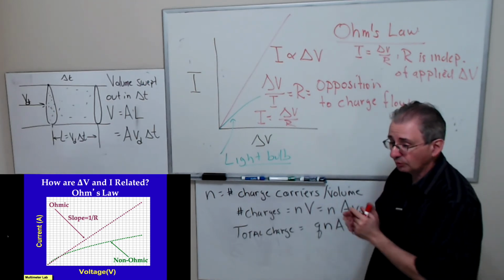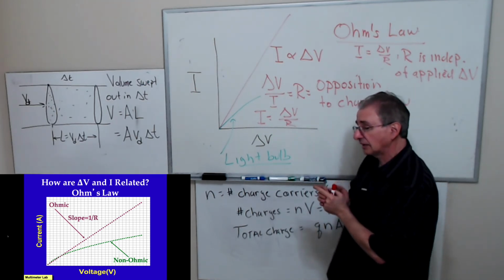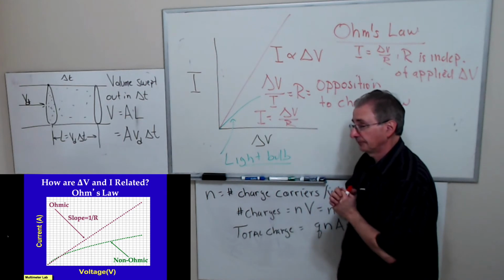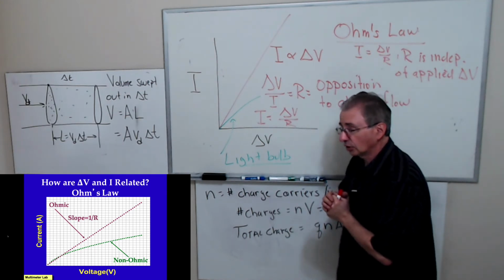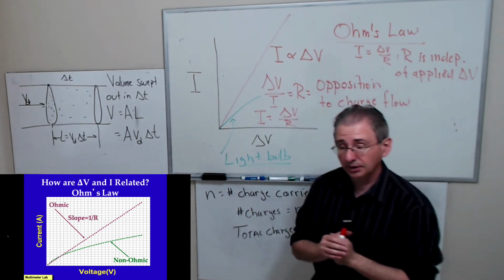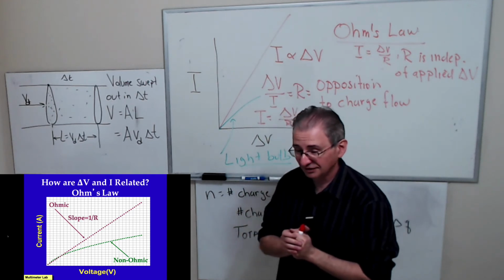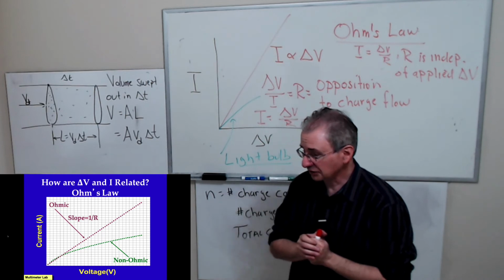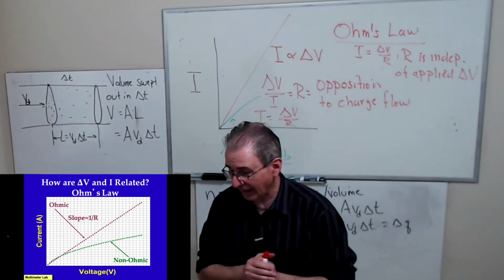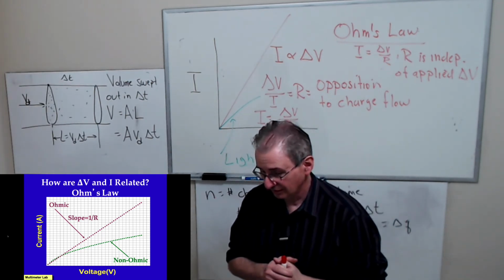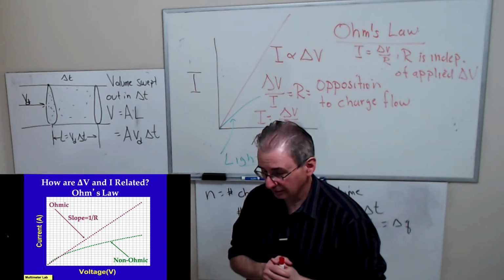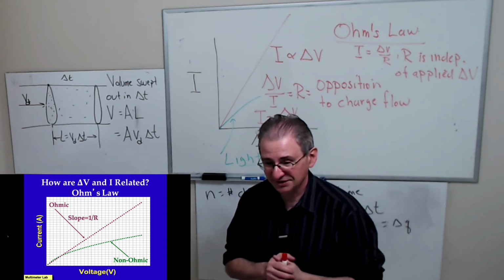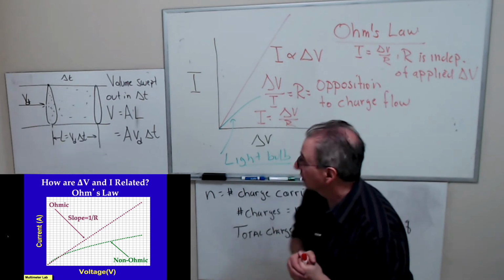Okay. Now, Ohm's law is kind of like Hooke's law, because Hooke's law doesn't always work, right? If you take a spring and you stretch it too much, what happens? You messed up the spring. It's not elastic anymore. Same thing with Ohm's law.